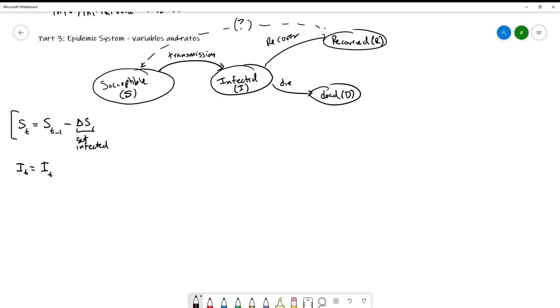But remember, there's 3 things that are then happening to the infected population. So one thing is people are entering that population. So this can also increase by the number of people who get infected. And the number of people that get infected, well, we need a name for that. So let's call that the transmission rate.